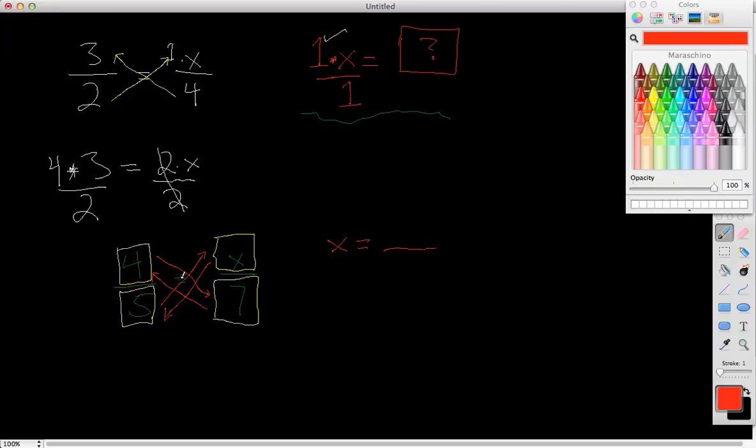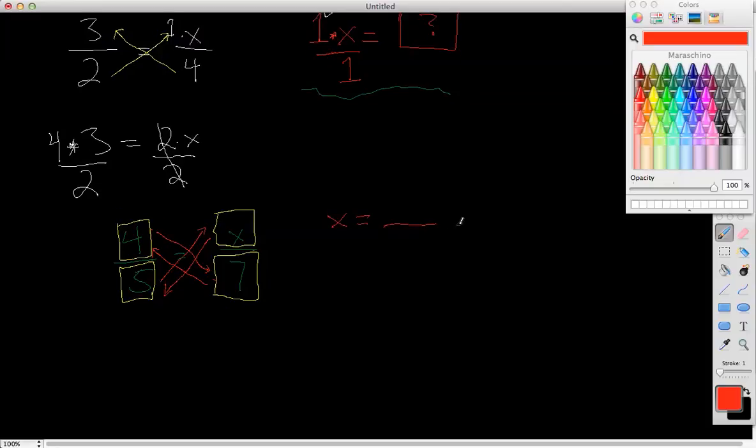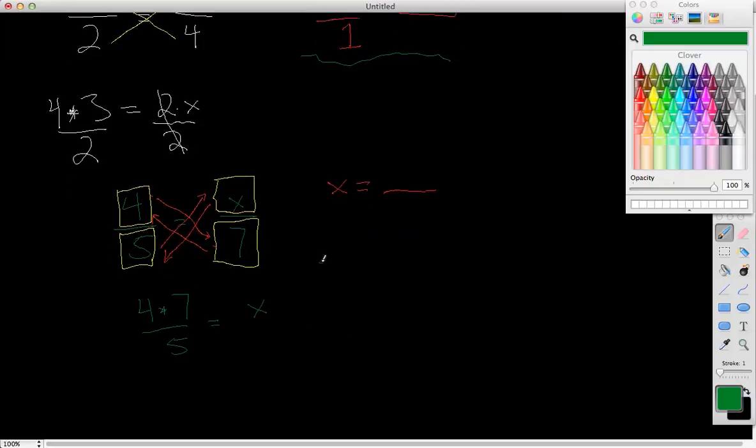So if that's the case, and cross multiplication allows me to move these blocks one at a time, I can just move my 7 up and across here. So now I'll have 4 times the 7, which is moved up and across. And I'm going to keep my 5 down here, and now I've actually solved already for x. And in this case, 7 times 4 is 28 over 5. So it becomes an ugly fraction, which we can just leave as that.